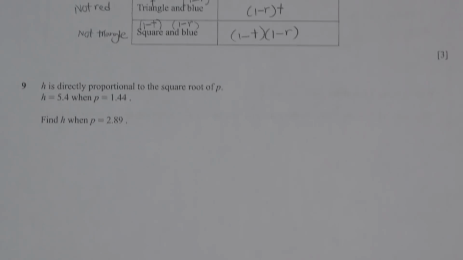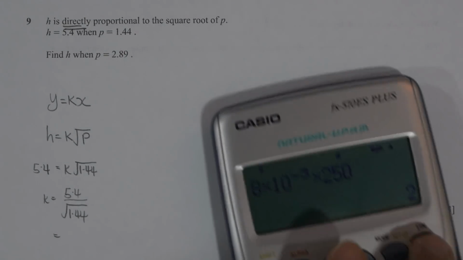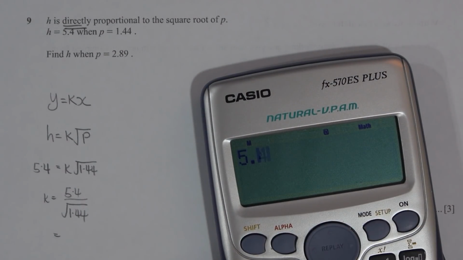Next, this is actually a directly proportional question. So as the formula goes, y equals to kx. But for our case, this is actually h equals to k square root p.